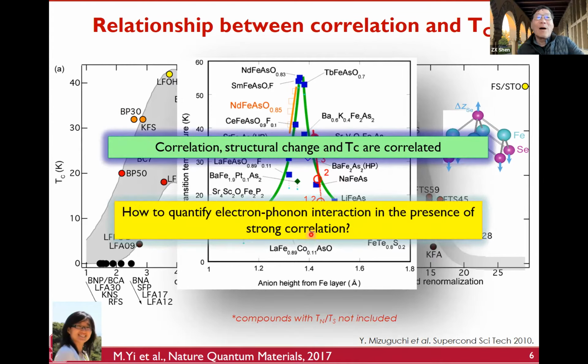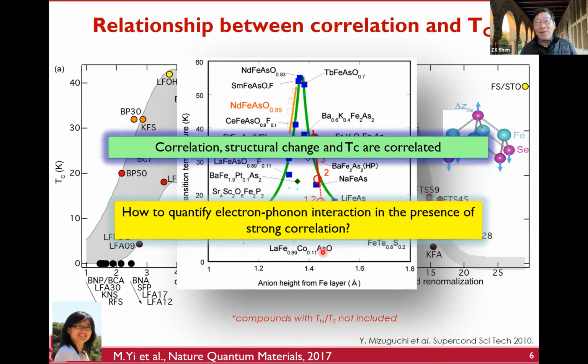And the question then will be, what happens to the electrons if you move the atoms up and down? What happens to the electron-phonon interaction in the presence of strong correlation? Okay. So this has been a question I've been interested in for a long time in the cuprate context. The challenge has always been how to go about measuring it. The traditional way of making electron-phonon measurements is subject to certain assumptions.